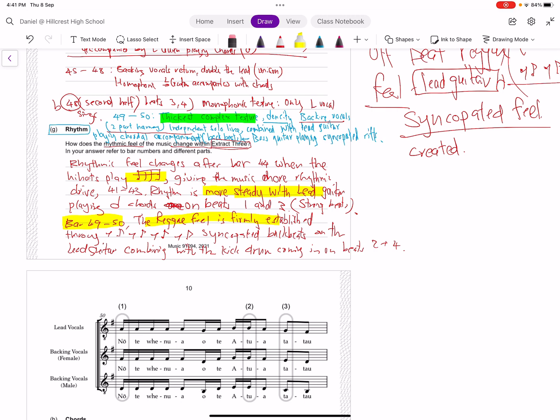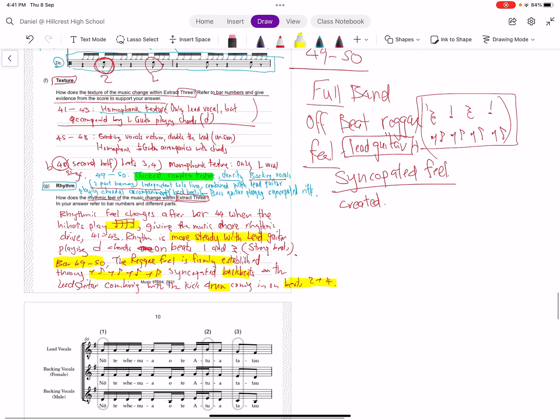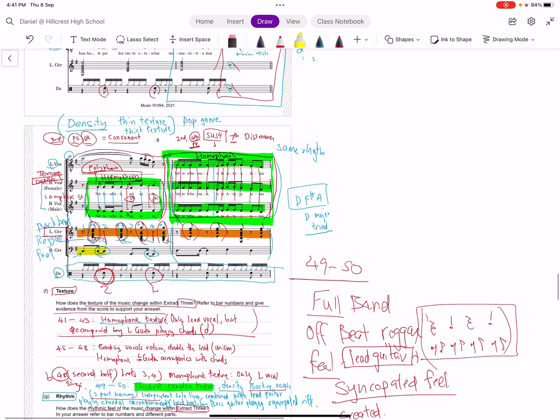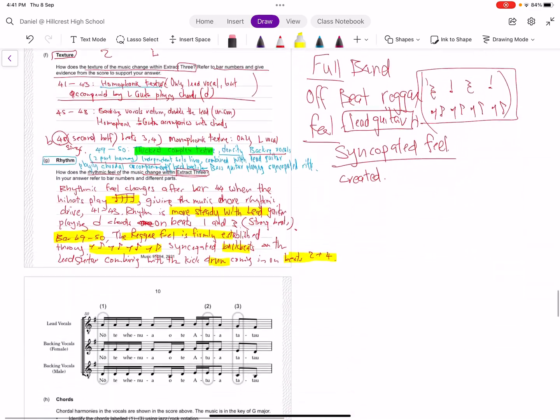The reggae feel with these kind of syncopated backbeats, combining with the kick drums coming in. That's also another syncopation. But yeah, well, I think that ought to do, or complete that section of the question.